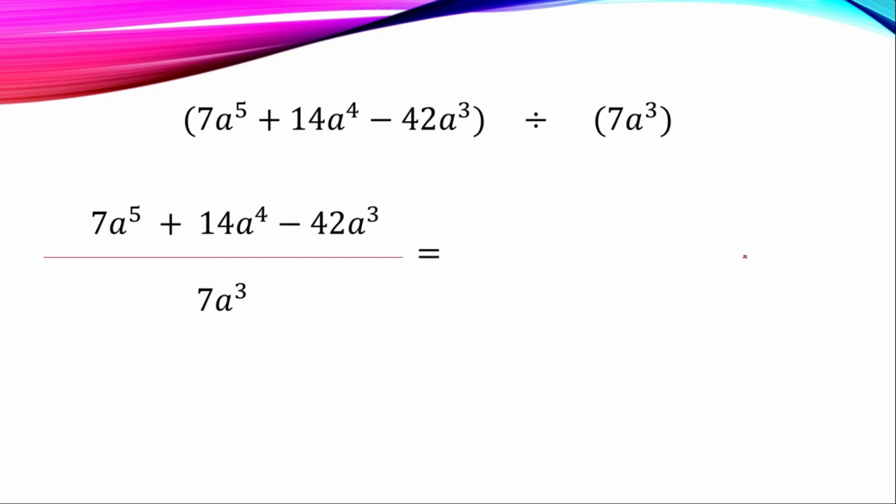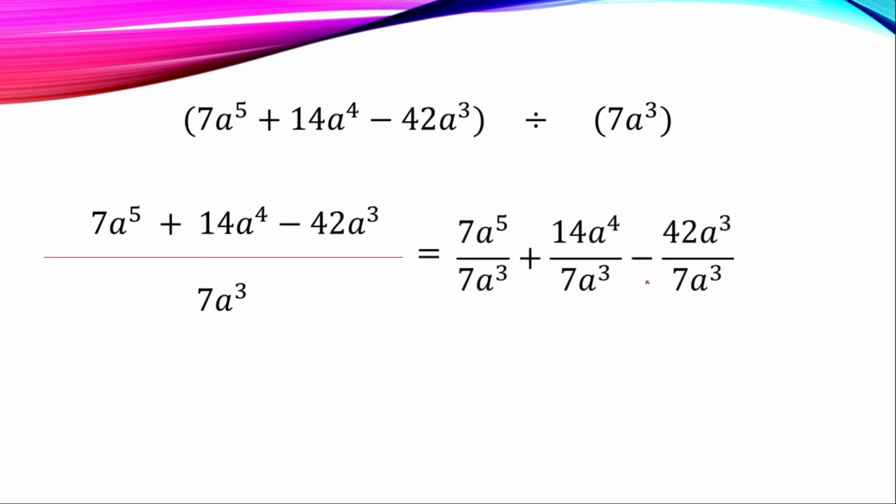And then just distribute the divisor to each term of the dividend. Then we have a squared. Plus 14 divided by 7, that's 2. Then a, so 2a. Minus 6.